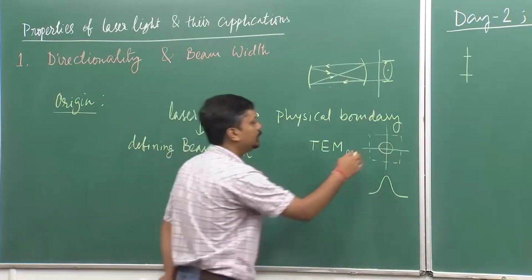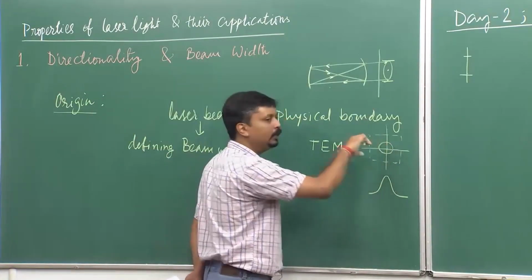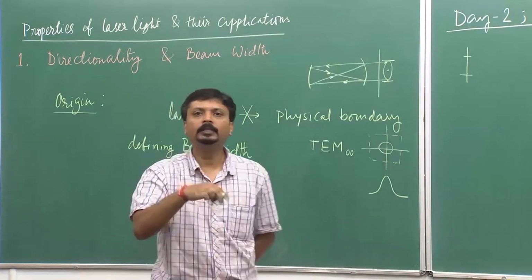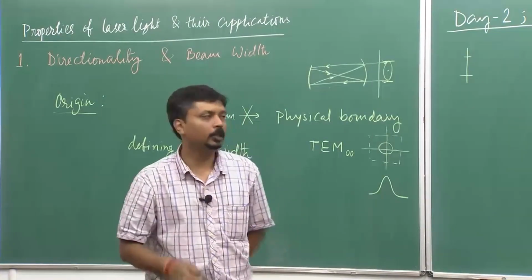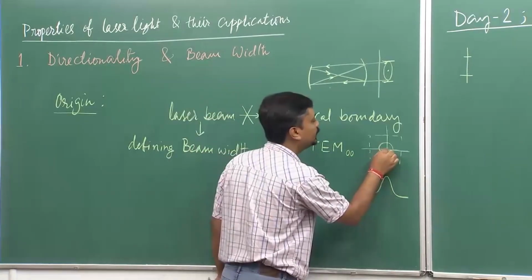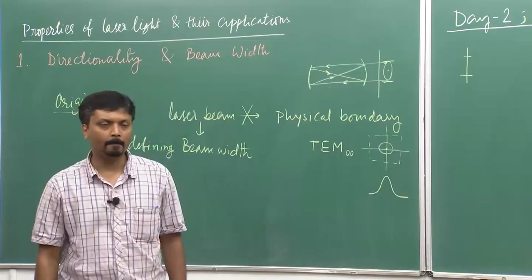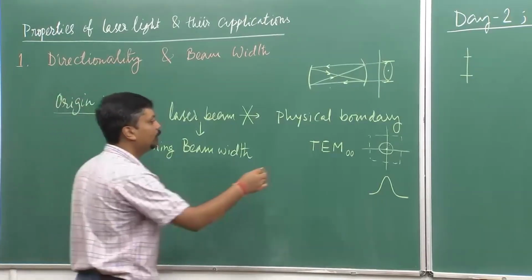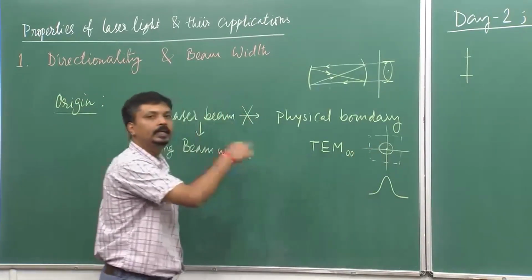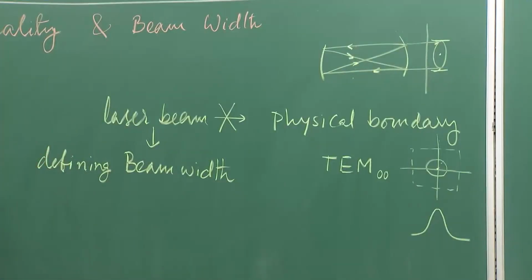So this intensity profile, if you look into the 3 dimension, you will see a Gaussian profile, okay. The central part is the most intense, and then it is falling off. So in such a beam, we can very easily define the beam width.